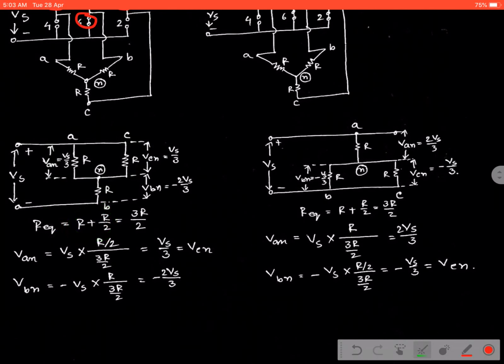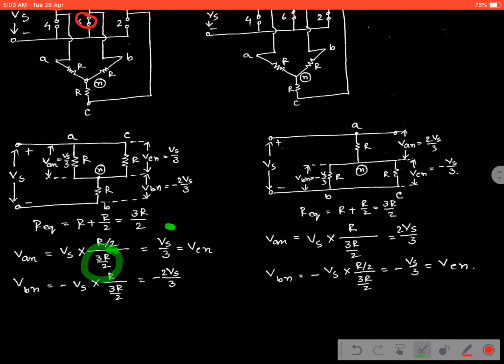Now we can calculate the potential difference across all the resistances. See, the voltage appearing across A and N means the first phase voltage across the A phase, or point A. So for VAN, we apply the voltage dividing rule: the main voltage Vs multiplied by the resistance across which we calculate the potential difference, that is R by 2, divided by the total equivalent resistance of the network, 3R by 2.